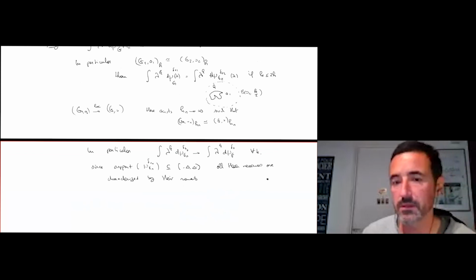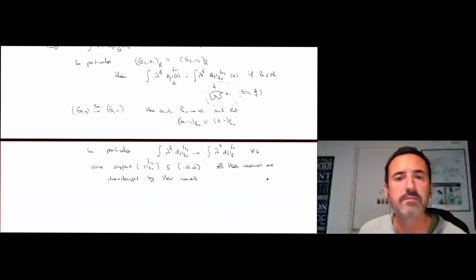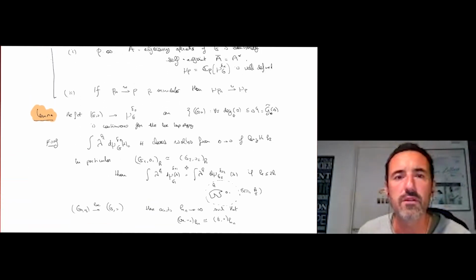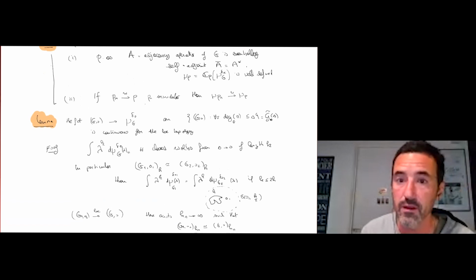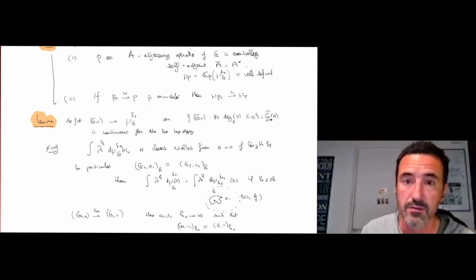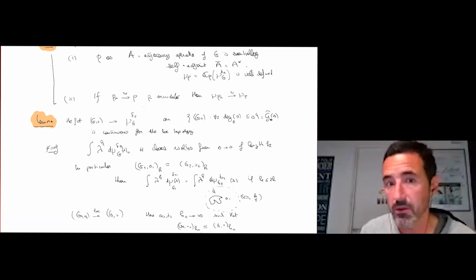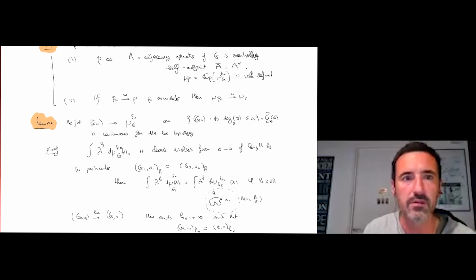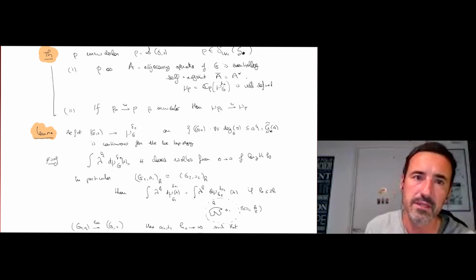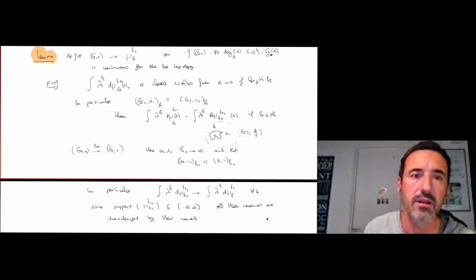So if the moments converge, I have weak convergence. This is for the lemma. So it implies (i) if you restrict to bounded degree graphs.